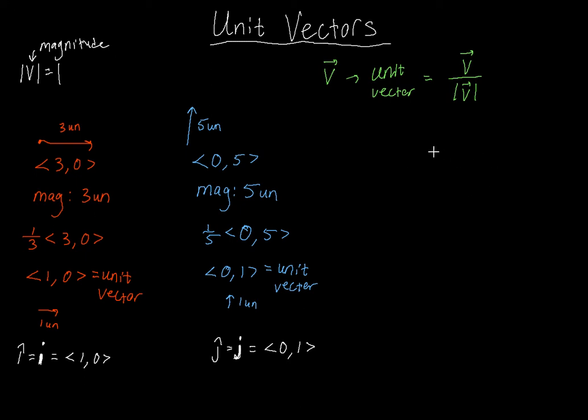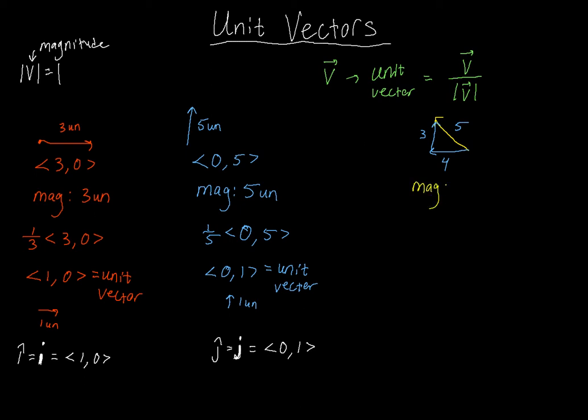So let's look at an example that's not super nice. Here's a vector that points up and to the left. Let's put its components in so that we can figure out a little bit more information about this. It's going to point to the left 4 units, and it's going to point up 3 units, which, using your ideas of Pythagorean triplets or the Pythagorean theorem, will tell you that the length or the magnitude of this vector is 5.